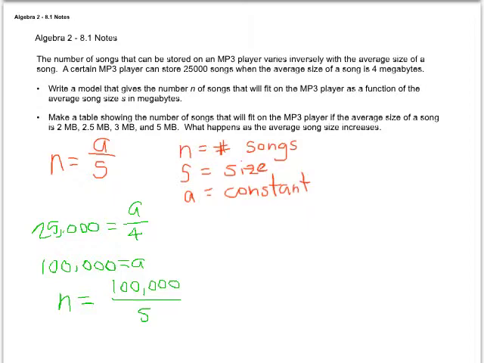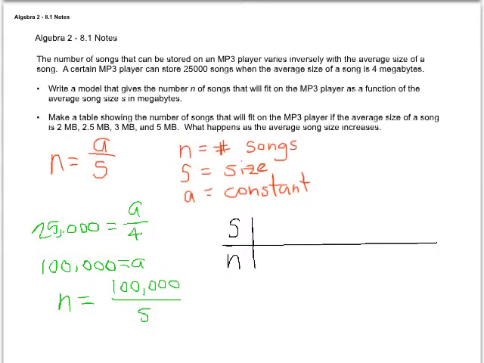And what happens is the average size of the song increases. So if I look at the size of the song, S, so I'm going to look at this as the size of the song. And then down here on the bottom, we're going to have the number of songs that will fit.